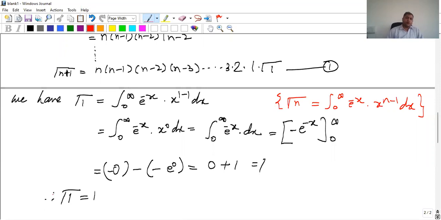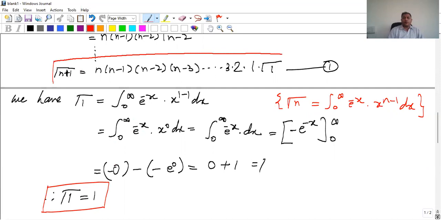Okay, so here we have the relation for gamma n plus 1, and this is also called the following factorial. So here we have equation 1, and this I have equation 2.